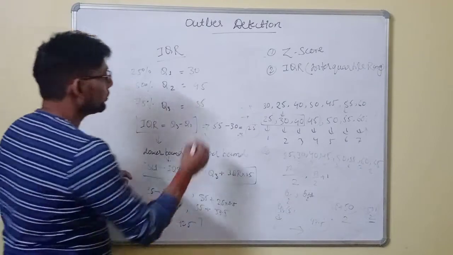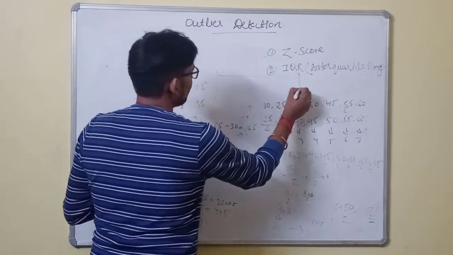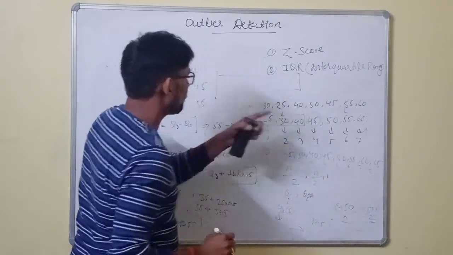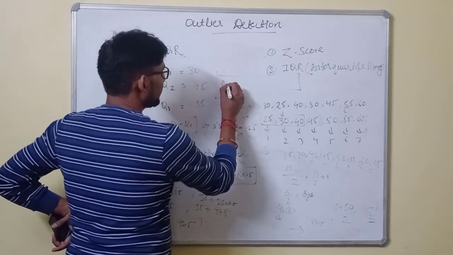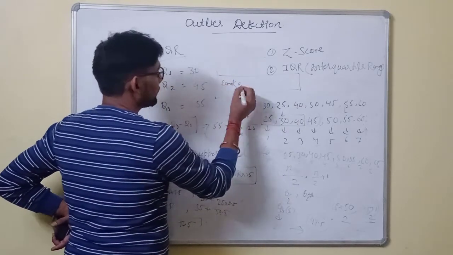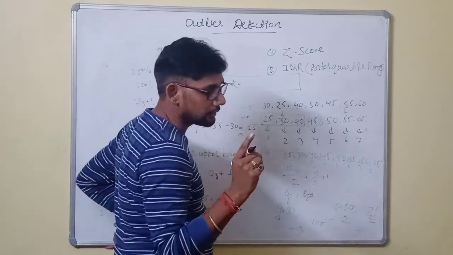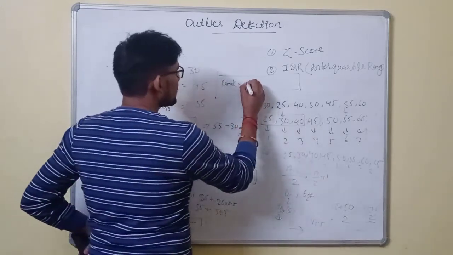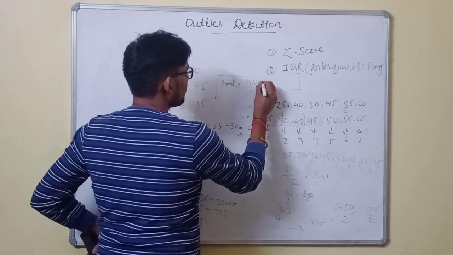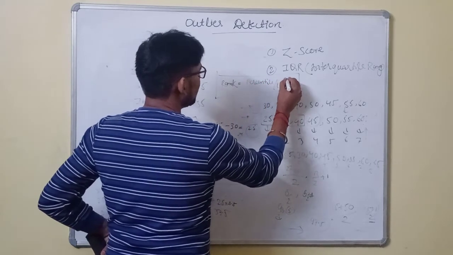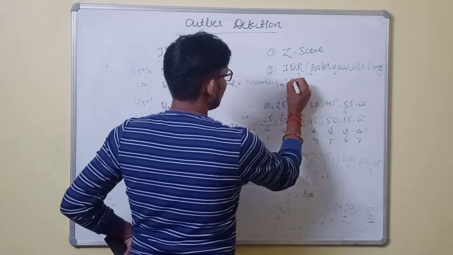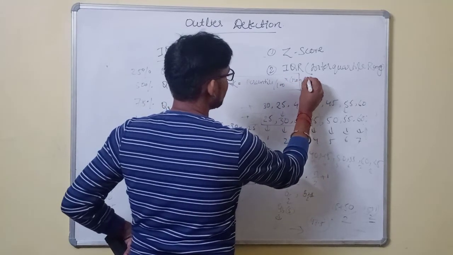Now I would like to share one equation where we can directly find the rank from the percentile. So rank is equal to percentile divided by 100 into number plus 1, right?